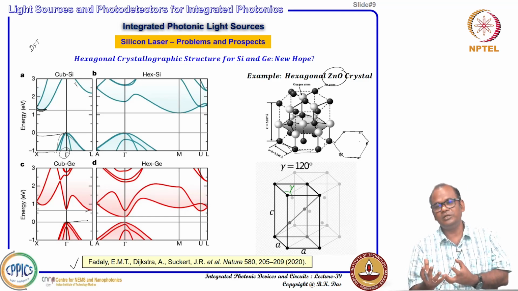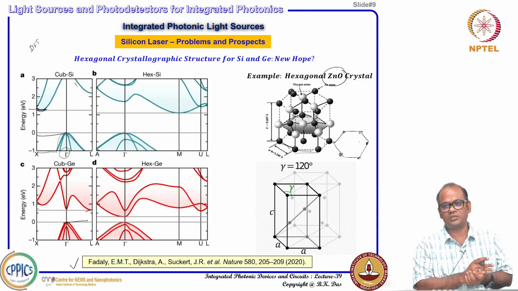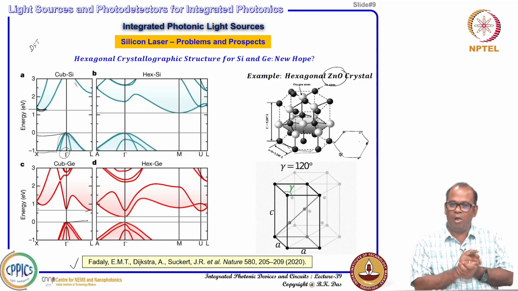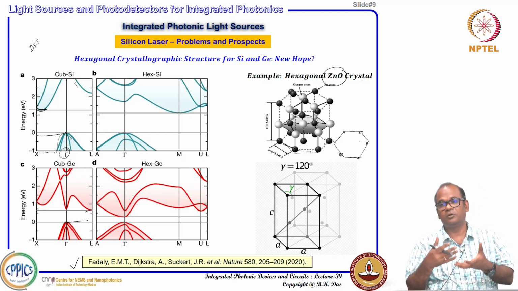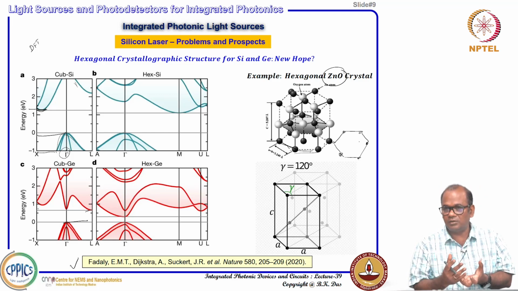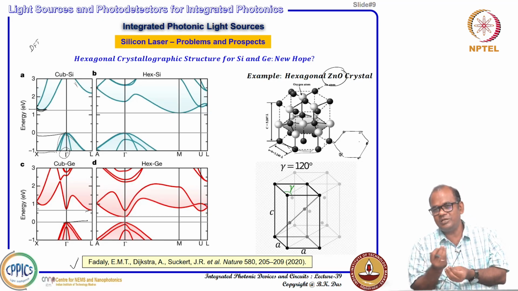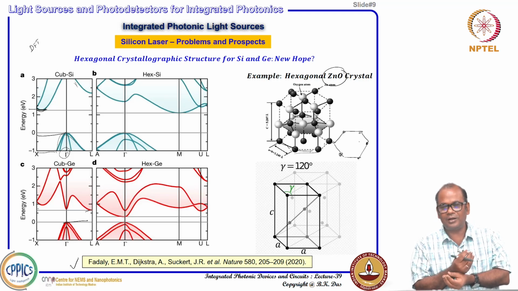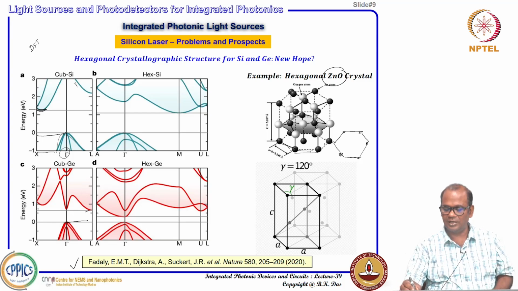If you somehow engineer your crystal growth technique... Most silicon crystals are grown using the Czochralski method. That is a well known method, and that is the natural process, the cubic crystal growth I have shown here. But if you have some special type of seeding mechanism, you can grow the atoms in a hexagonal structure like this.